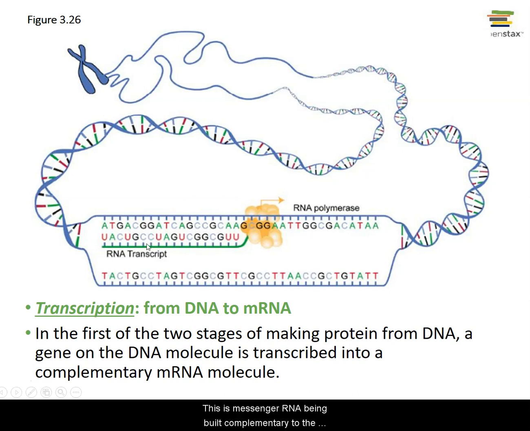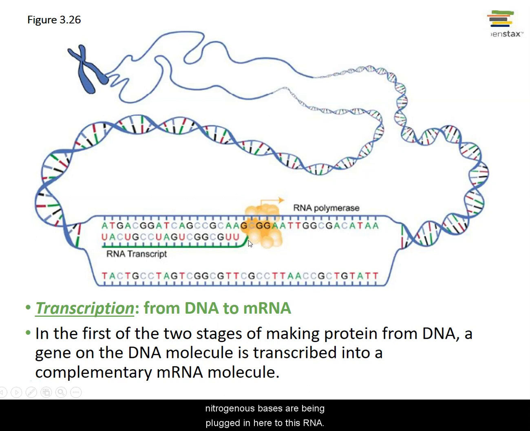This is messenger RNA being built complementary to the DNA strand that is unzipped with the help of RNA polymerase. Now, an ASE ending indicates that's an enzyme. So it's an RNA enzyme that helps to move this growing strand along here.